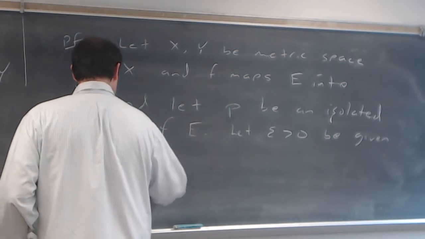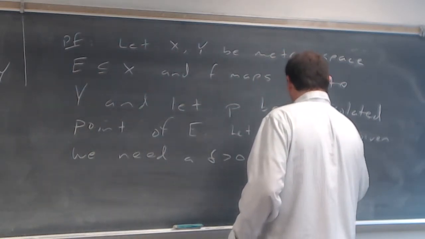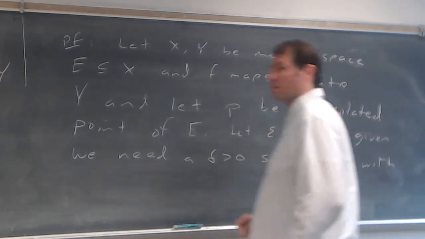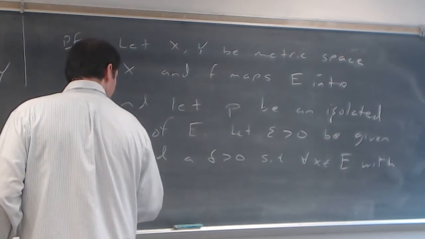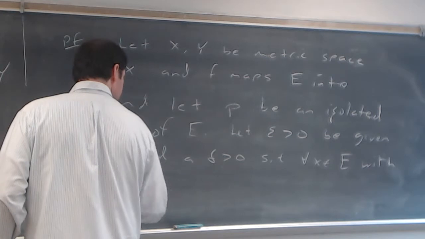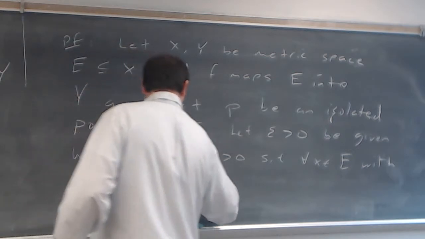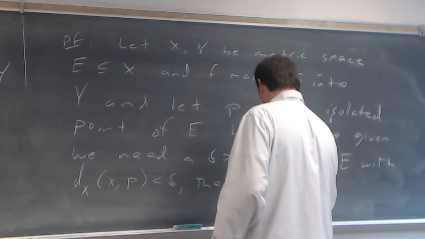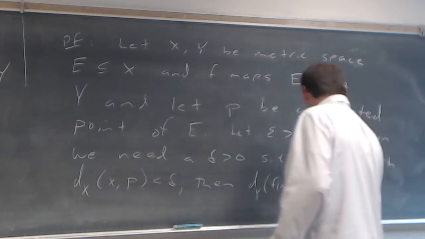We need a delta bigger than 0 such that for all x in E with the distance in X between x and P less than delta, that's going to force the distance in Y between f of x and f of P to be less than epsilon.